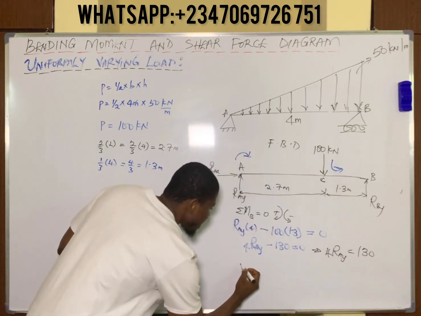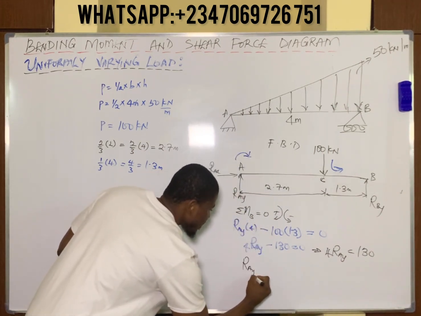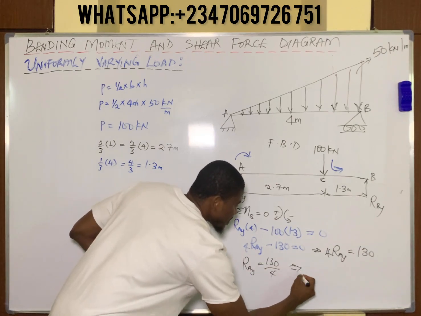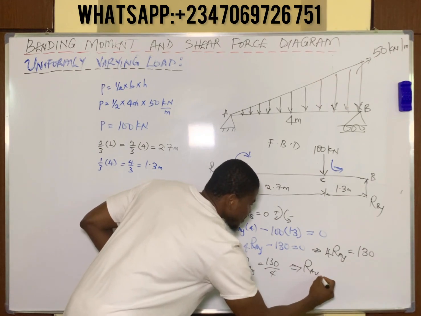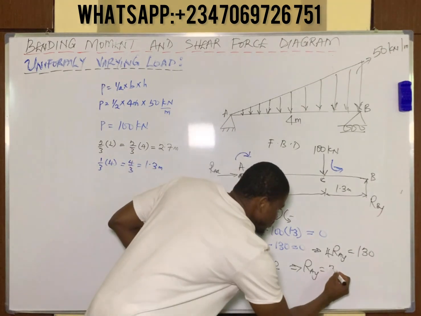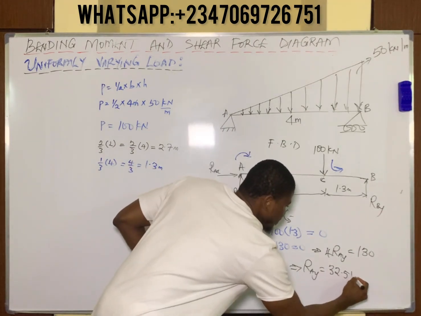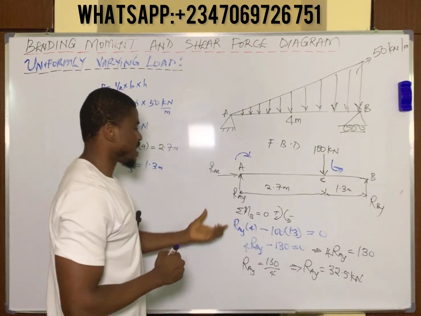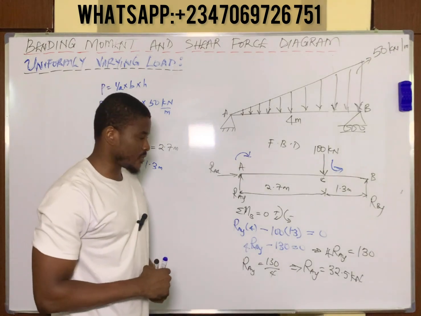So we can now make RAY the subject. RAY becomes 130 divided by 4, which simply implies that the reaction at point A is approximately 32.5 kilonewtons. So we have found the value of the reaction at point A, 32.5 kilonewtons.